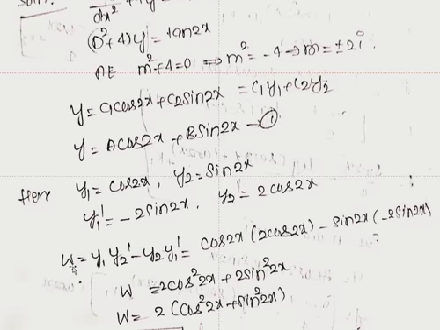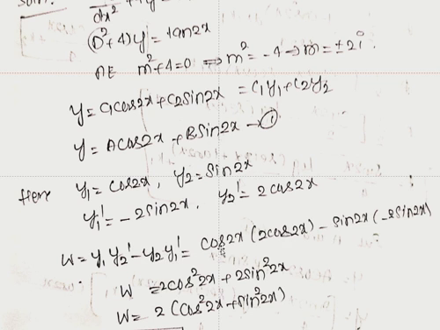Therefore, the Wronskian w is equal to y1 into y2 dash minus y2 into y1 dash. That is equal to cos 2x into 2 cos 2x, minus sin 2x into minus 2 sin 2x.